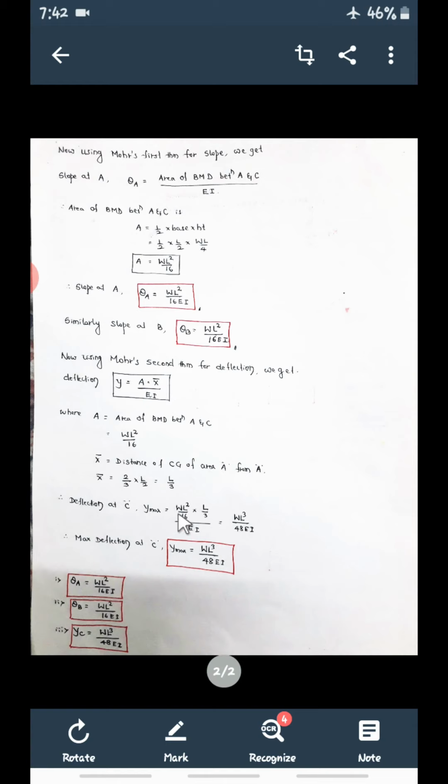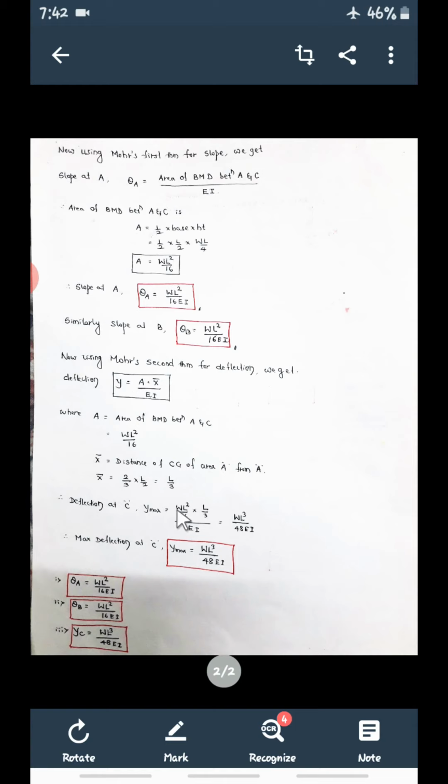What is A? The area already calculated is WL square by 16. WL square by 16 into x bar, which is L by 3, whole divided by EI.